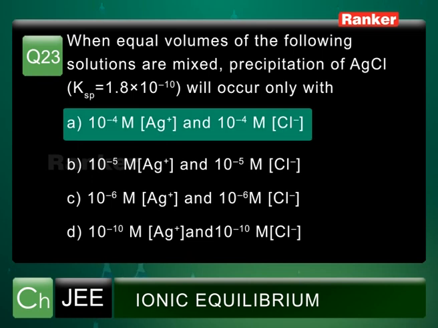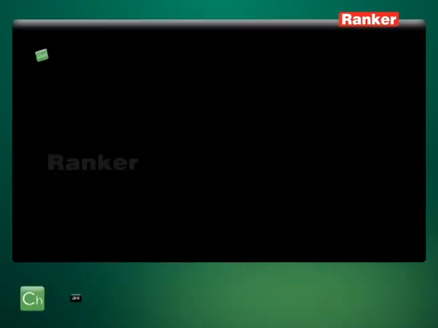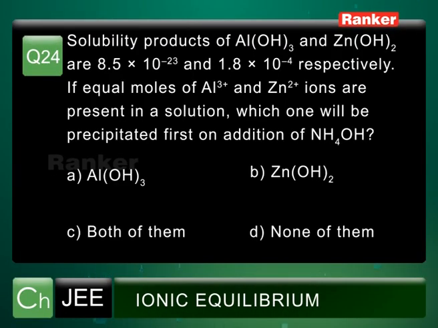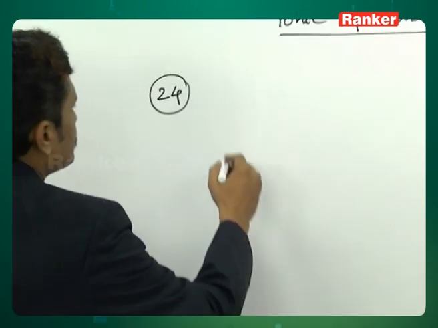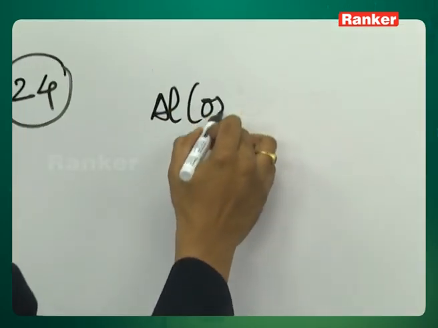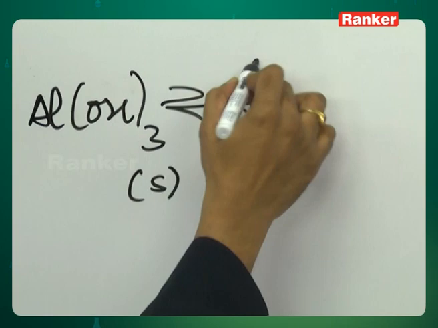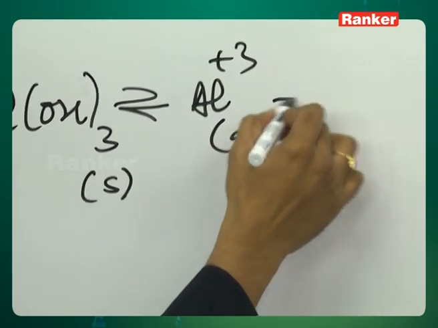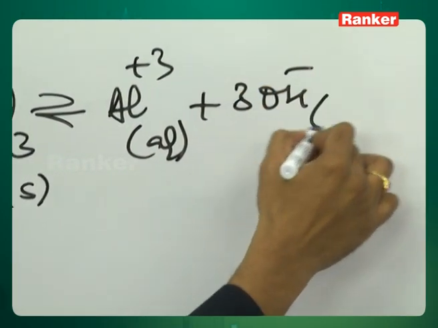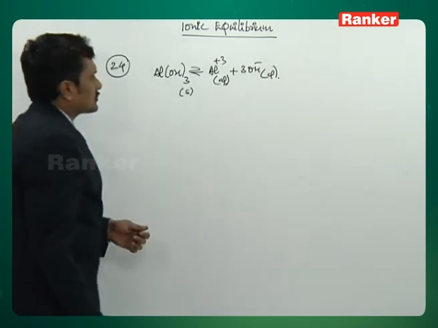The solubility products of aluminum hydroxide and zinc hydroxide are given. If equal moles of aluminum and Zn plus 2 are present in a solution, which one of the following will be precipitated first? So we have two insoluble salts to speak about, and when I consider their dissociation, it's going to happen this way.